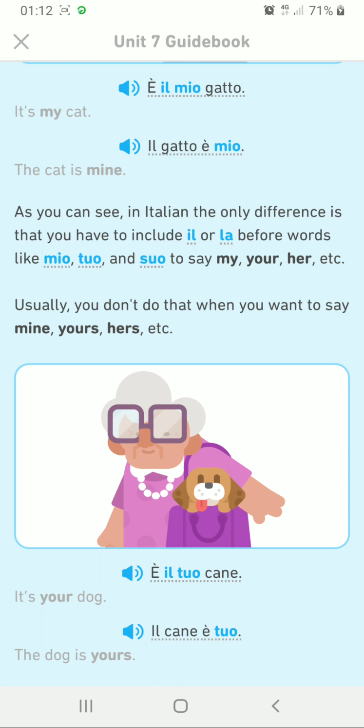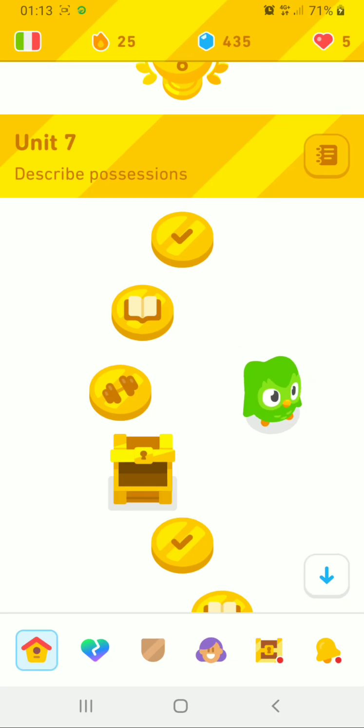Duolingo put a lot of stress on that, so it has been underlined so that you know it's something to mind when you're speaking Italian or learning to speak it. È il tuo cane. Il cane è tuo. Okay, so we got the gist of all of this.